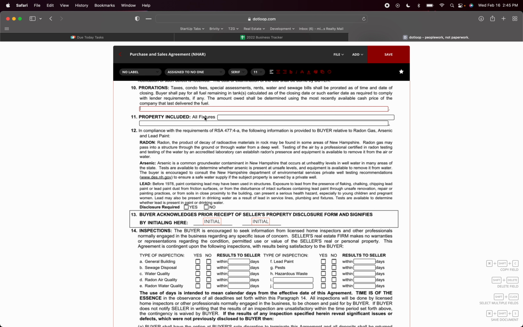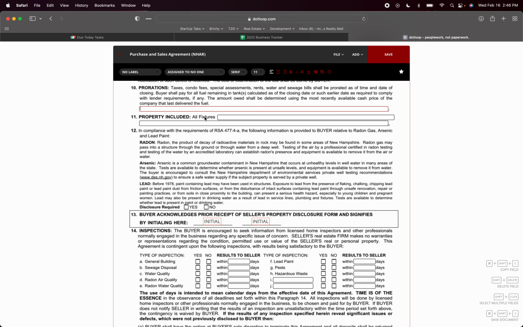So that means your curtain rods, those are fixtures. The curtains themselves are technically personal property, but the curtain rods stay with the property because those are fixtures. A television mount stays with the property. That is a fixture. Arguably, the television itself would not stay with the property. That's generally accepted.